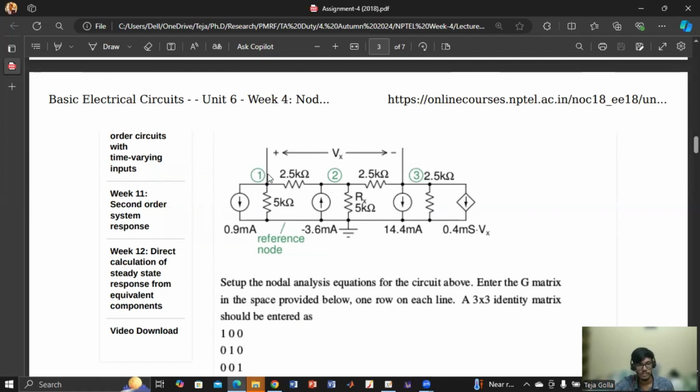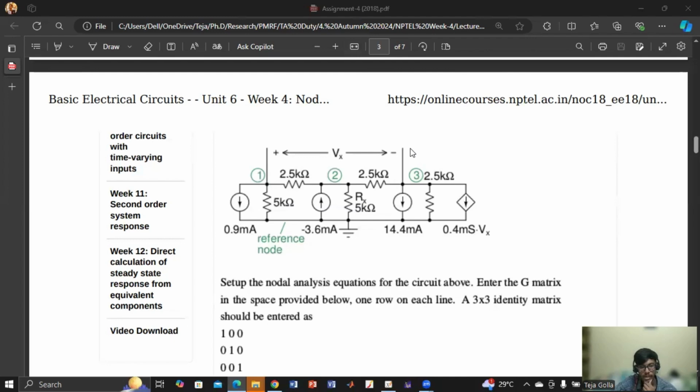Anyone? Sir, I R, but I don't know the current through R. I know the voltage, right? Do I know the voltage across the resistor, V2? So then which formula should be used?